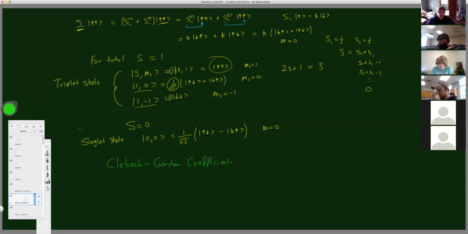which express our total state S, M, right? So S is the total spin, and M is the total Z component quantum number, and it's equal to M1 plus M2, right?